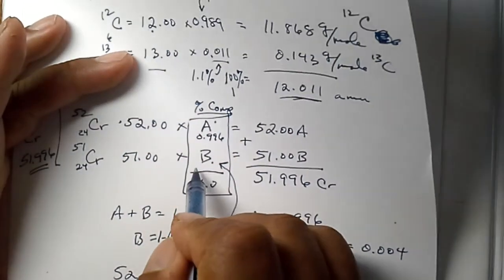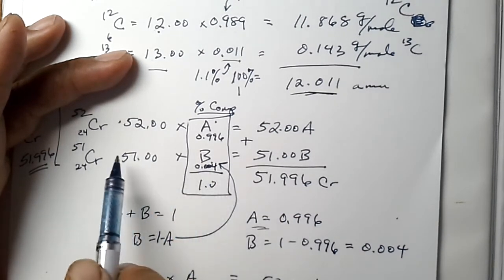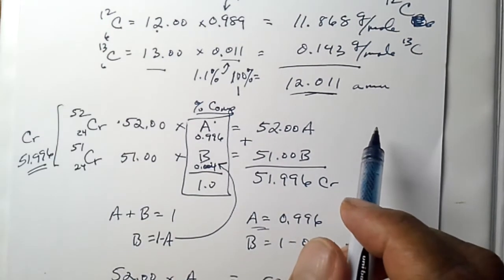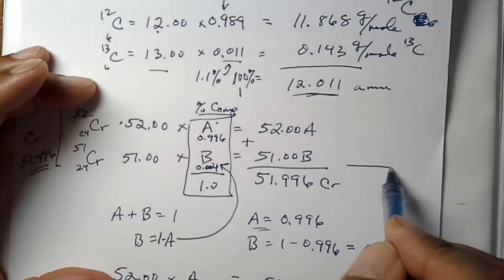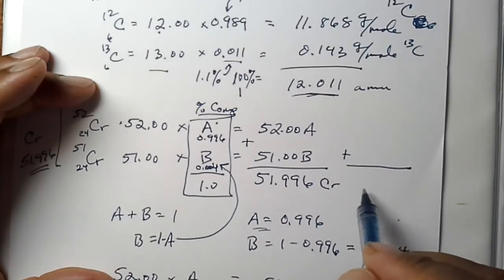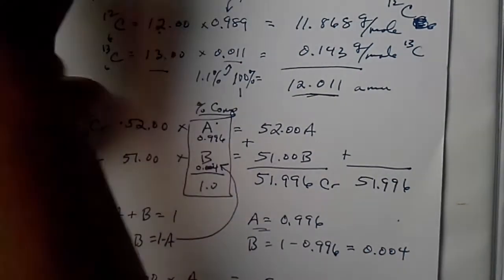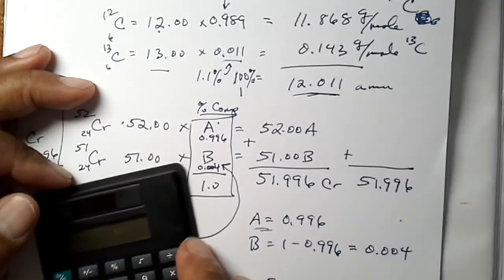Now we can substitute 0.004 in for B. Then when we do our multiplication, we end up being able to determine what the values are to add up to 51.996.